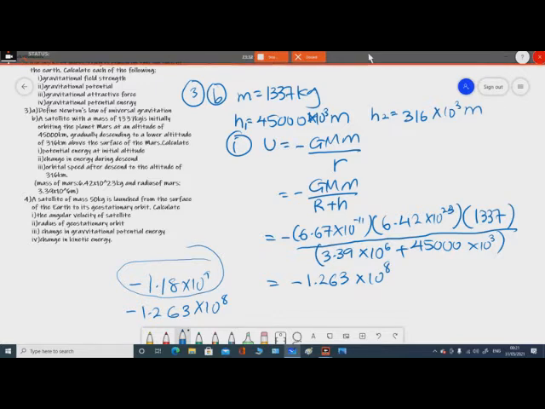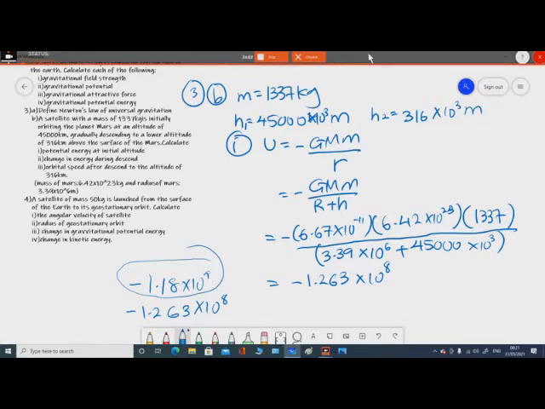Okay, so let me recheck again. Oh, that's a problem here. So let me recheck again. Alright, where did I get wrong? 6.67, okay, 22, okay.